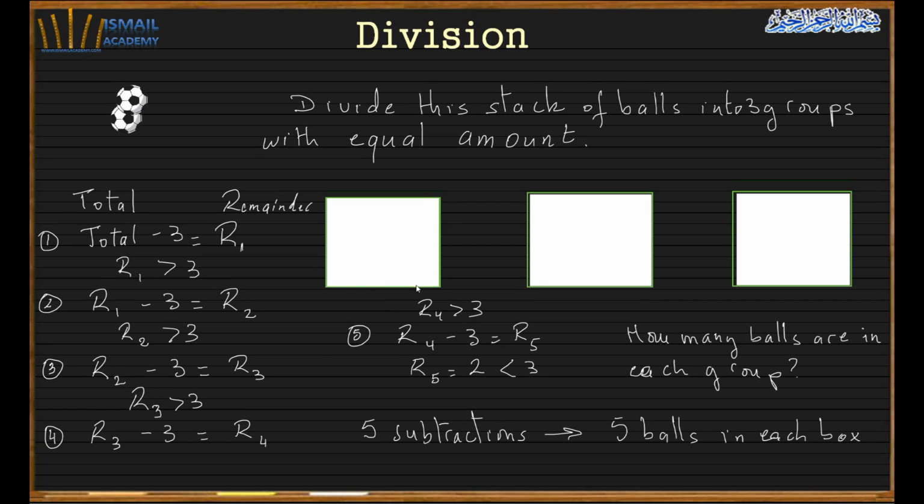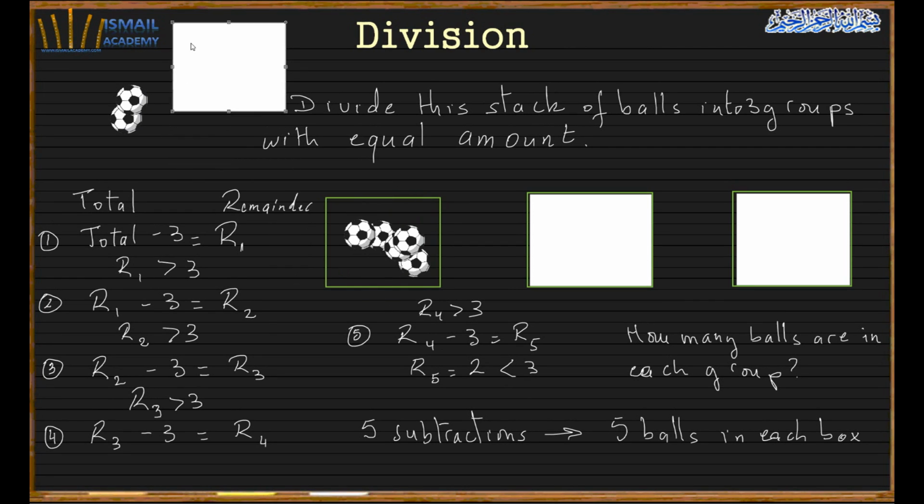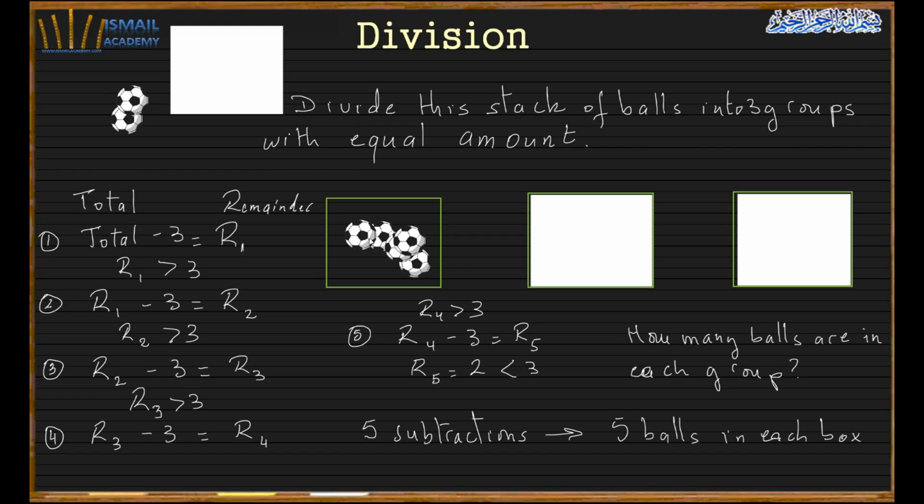Let's check if I'm wrong or right. Let me remove this and count each ball here. We have the first one, second, third, fourth, and fifth. And there's no hidden ball. As you see, we have 5 balls.